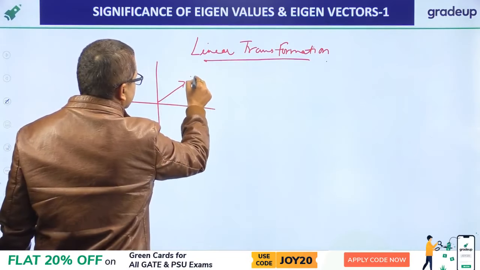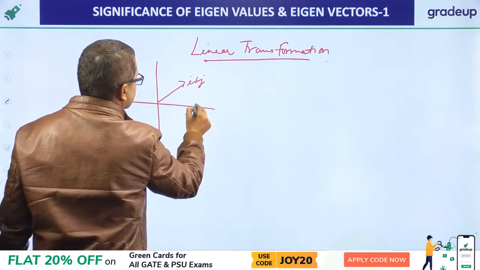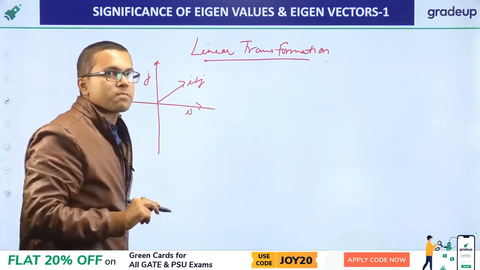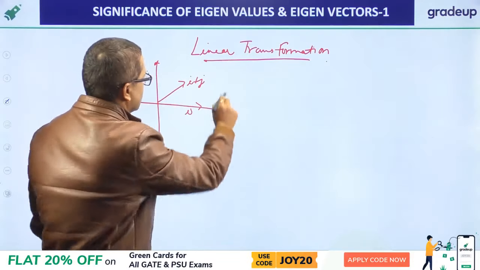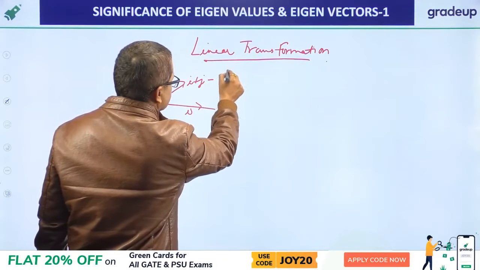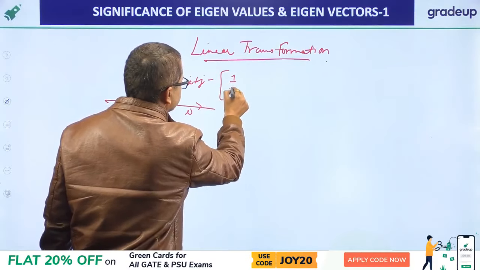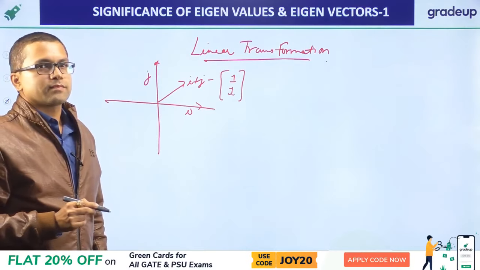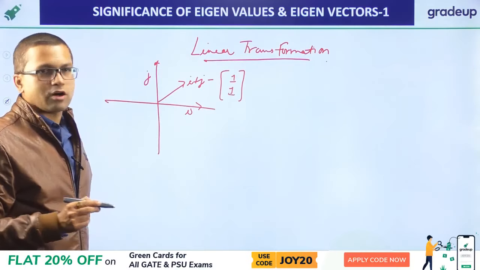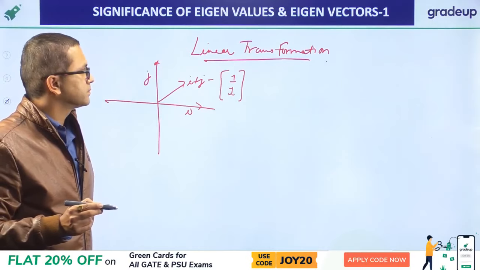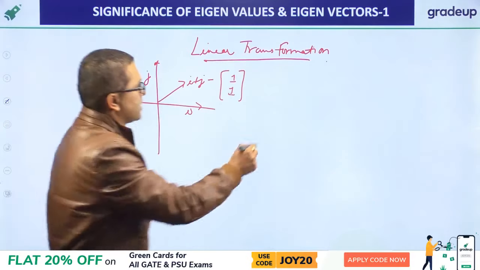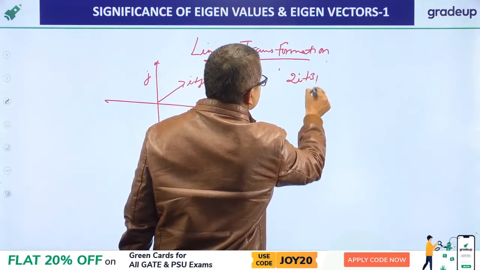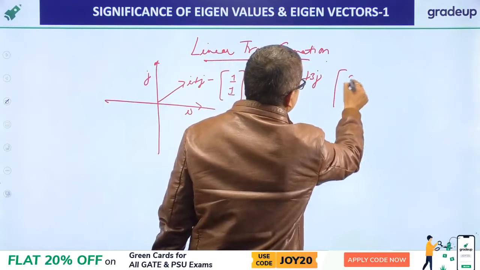Let's say there's a vector i plus j, and this is actually represented like this, a column matrix. For example, 2i plus 3j is going to be represented like this.